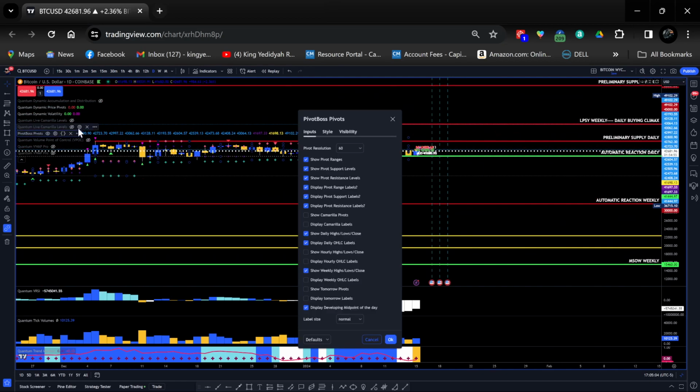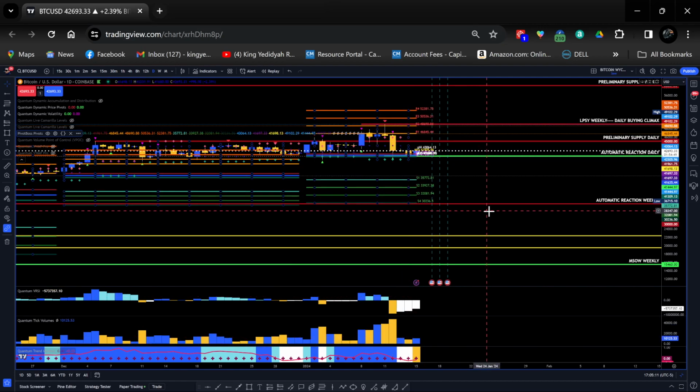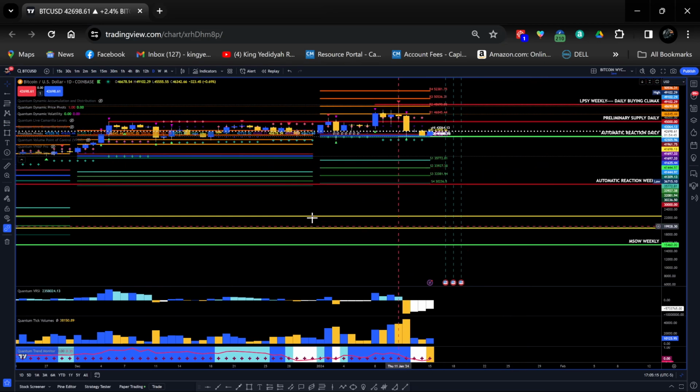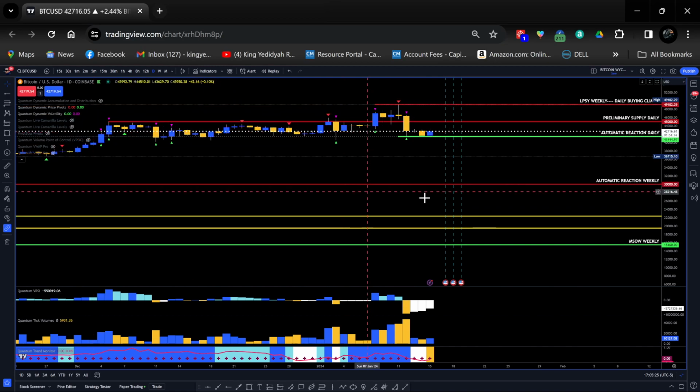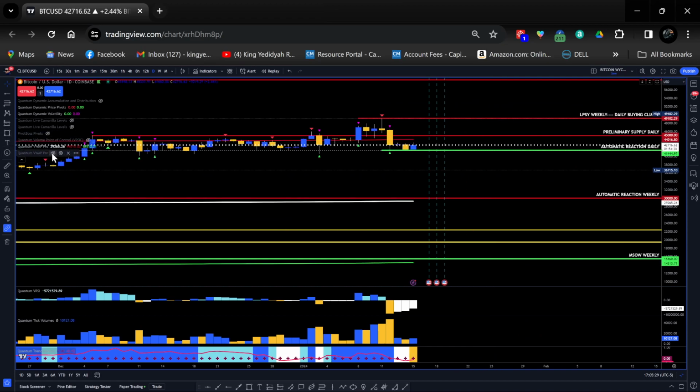Wait, hold on. Okay, I only have the monthlies. I was trying to get maybe the quarterlies to see if we come down somewhere near these levels. I guess not. So all we have right now is these.